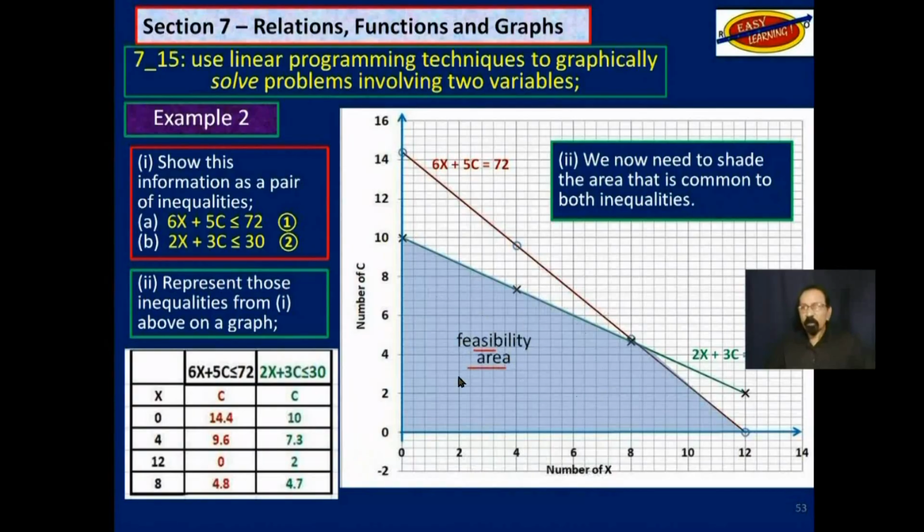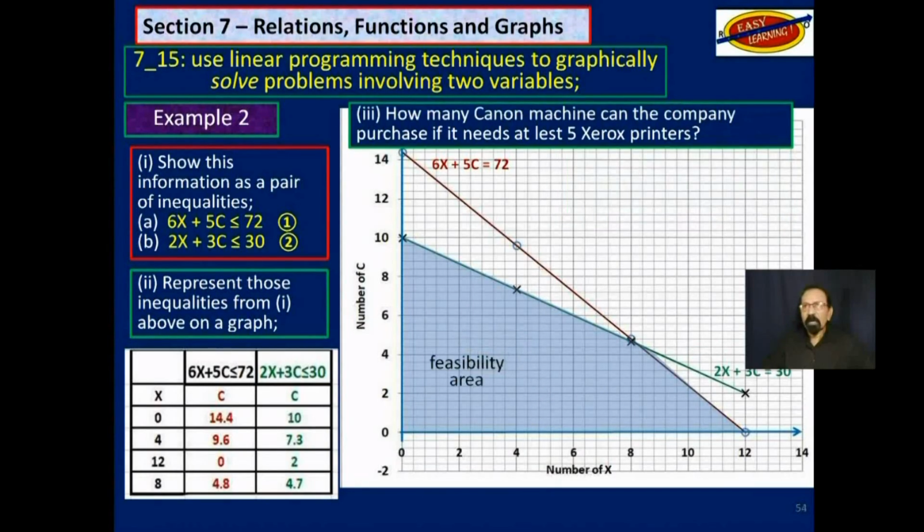So any answer in here will do if we are left to deal randomly with the number of Xerox and number of Canon printers. But we have a specific question. And the question says, how many Canon printers can the company purchase if it needs at least 5 Xerox printers?